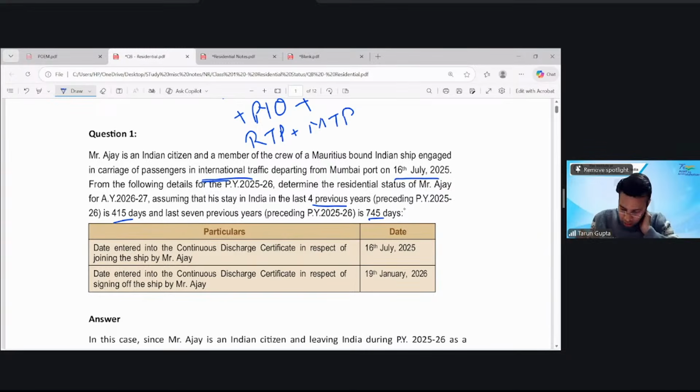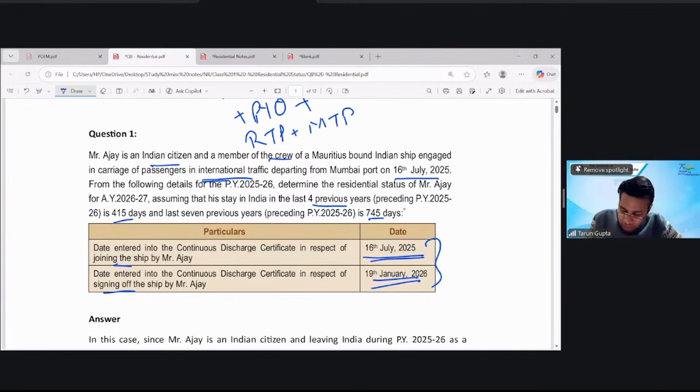The table says the date entered in the Continuous Discharge Certificate, CDC, in respect of joining the ship is 16 July, and the date entered in respect of signing off from the ship is 19 January. So he is joining as crew of a ship. He's an Indian citizen.